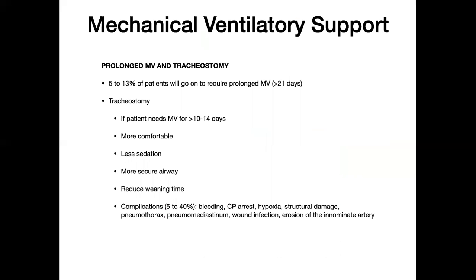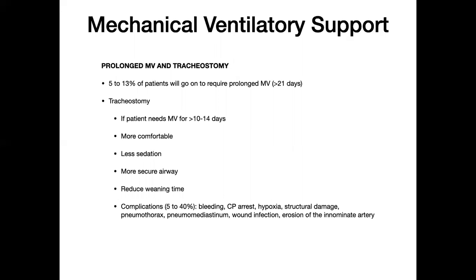What to watch out for if you could not wean your patient? If mechanical ventilation is needed for a prolonged period of time, then you have to warn the patient or their significant other of a possibility for tracheostomy. Five to 13% of patients will go on to require prolonged mechanical ventilation, prolonged being more than 21 days on mechanical ventilation.